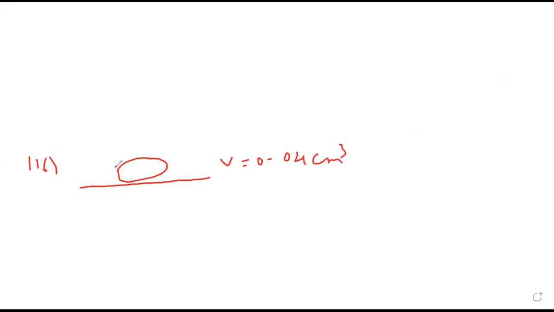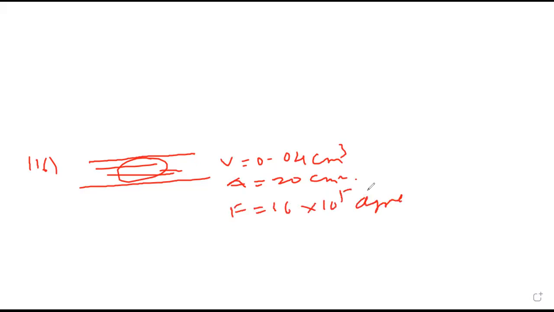Then another glass slide is placed on it in such a way that the liquid forms a thin layer of area 20 centimeter square. To separate the slides, a force of 16 into 10 raised to 5 dyne is required. The surface tension of the liquid is how much?